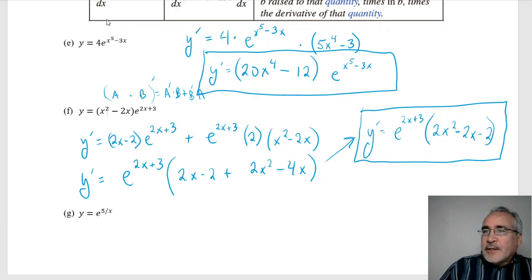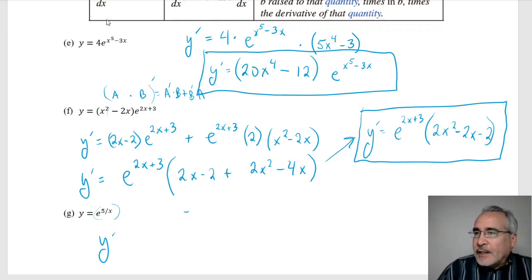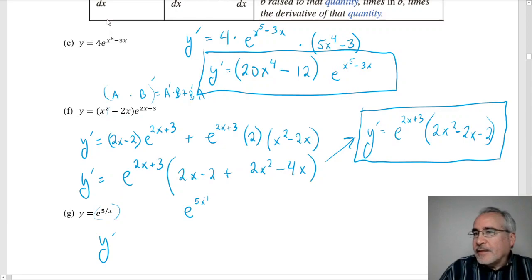This G question, again, it's just take the derivative of the outside, then take the derivative of the stuff. What I'm going to do is rewrite this as e to the 5x to the minus 1, because it'll make taking that derivative a little bit easier.